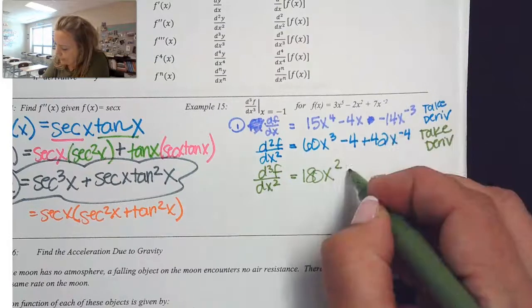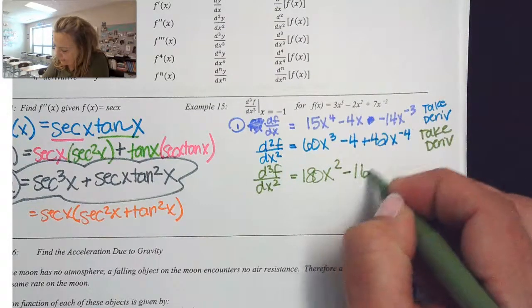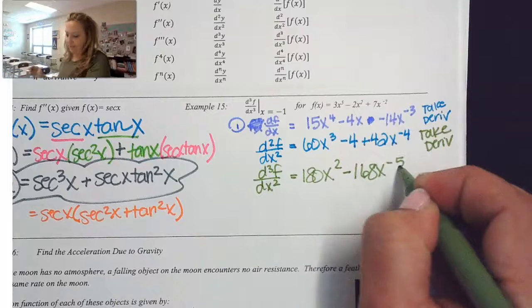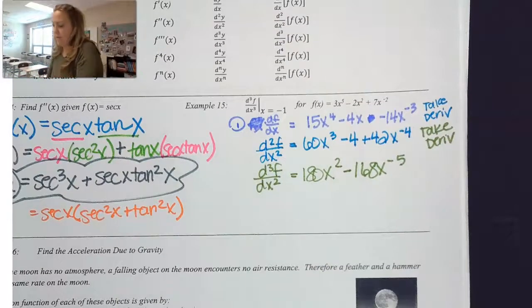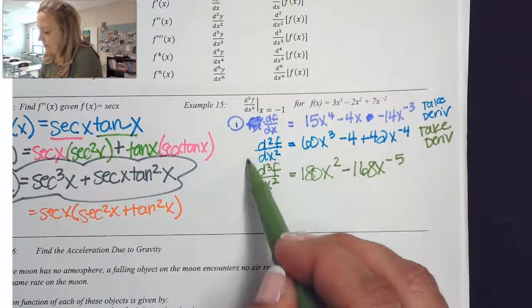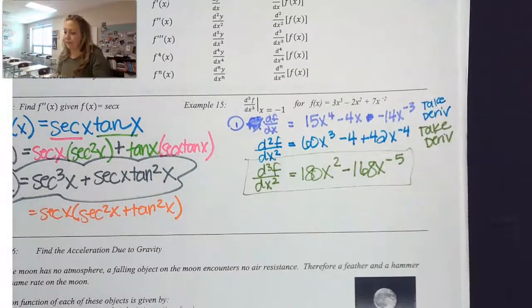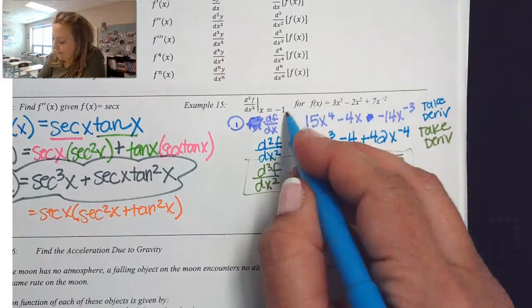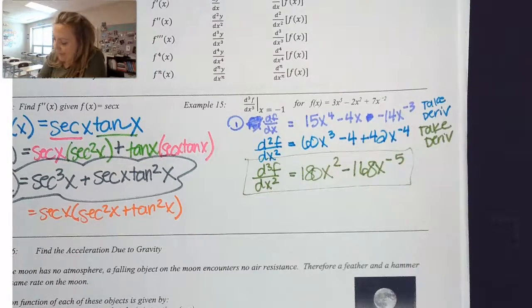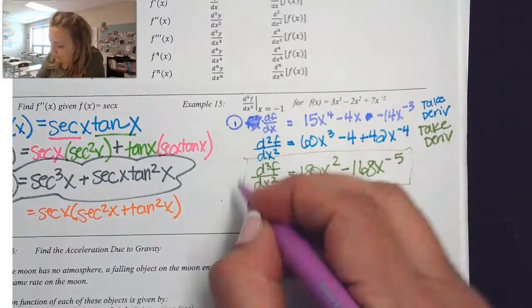And so then minus 168x to the -5th. Okay, so this tells me how I can evaluate my third derivative.